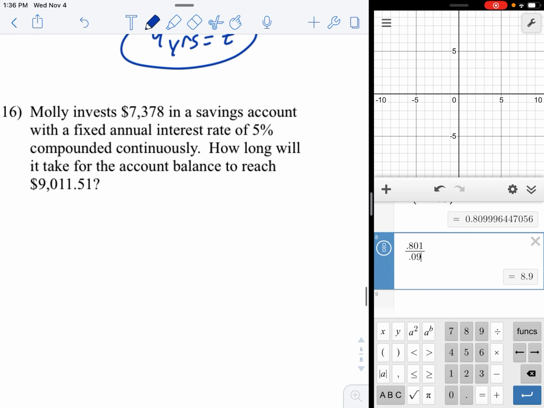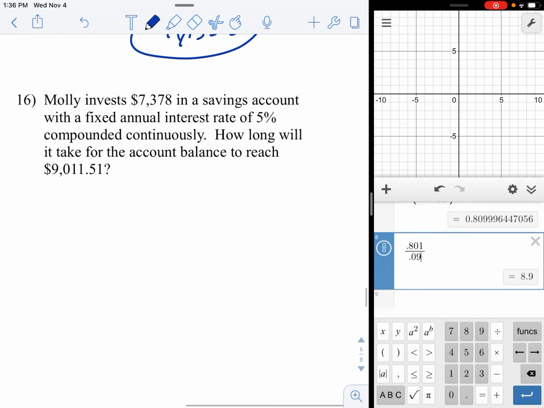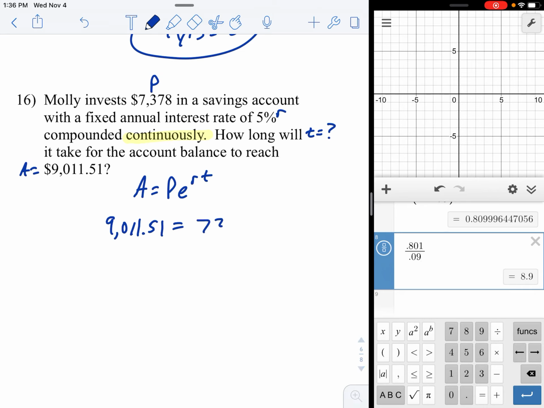All right, last one, and we are done. Again, continuously is the key word that tells us to use this formula. Here's our P, here's our R. t is the unknown because it says how long will it take. A is the final account balance. 9011.51 equals 7378 e to the 0.05t.